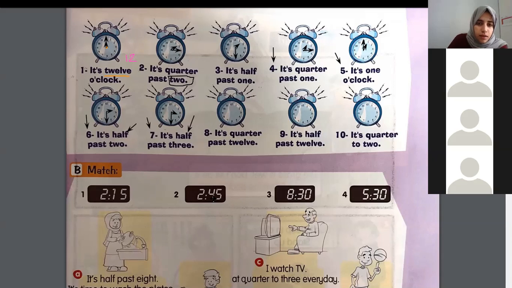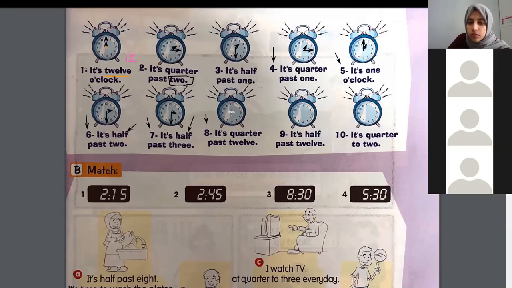Yamin, next one, please. Number 8. It's 12:15. So because quarter past, where do I put the long hand? The long hand in 9. If it's 9, that means you should have quarter to. Do you have quarter to?